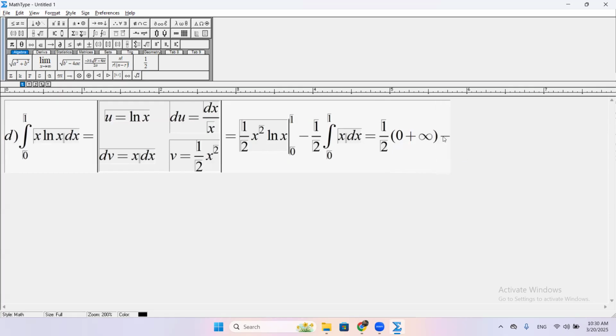And for this integral, 1 over 2 x squared with substitutions from 0 to 1, and actually it equals plus infinity.